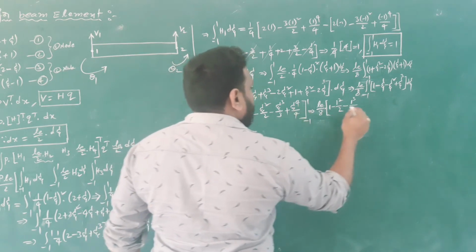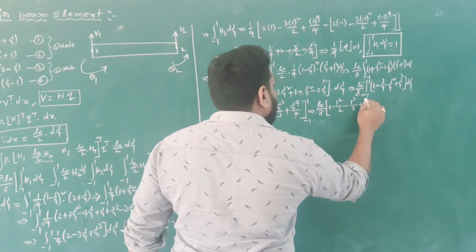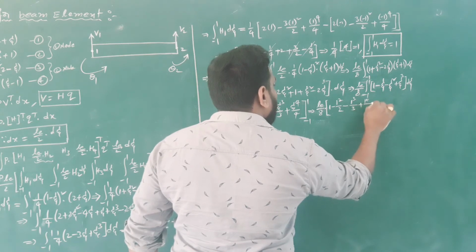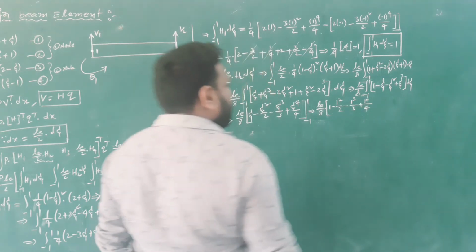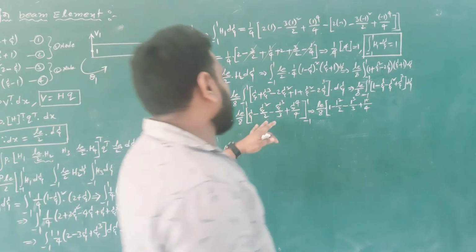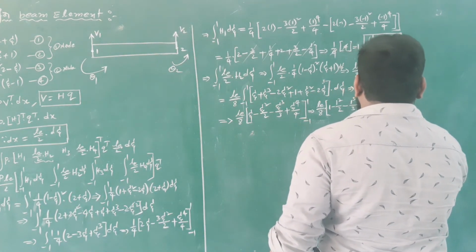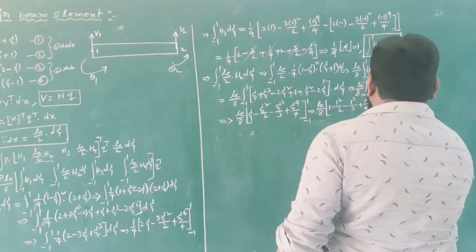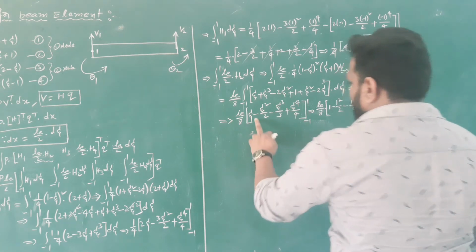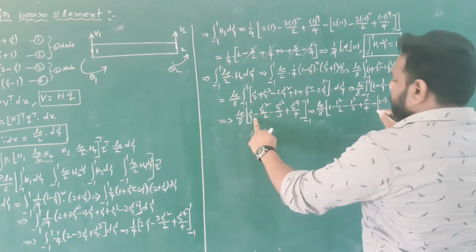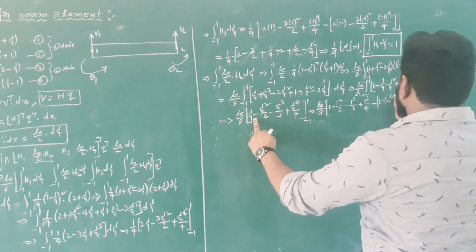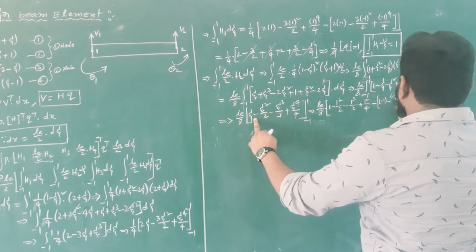Here also j, that is plus 1 power 4 by 4. This is the upper limit applied. Next, apply the lower limit, minus of, minus into lower limit, minus 1, minus 1 whole square by 2.